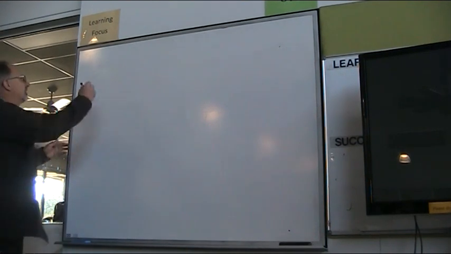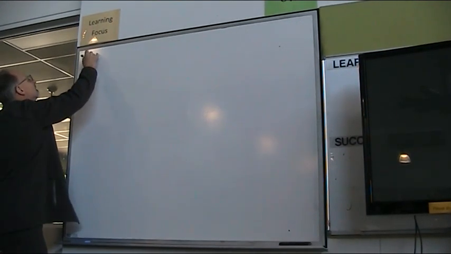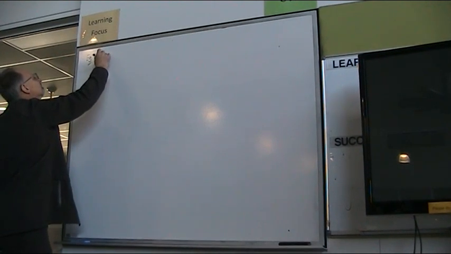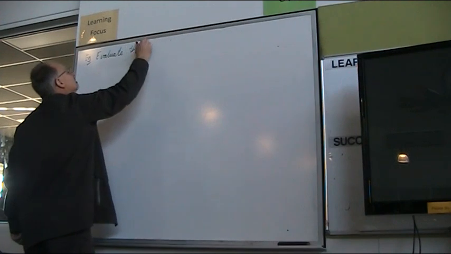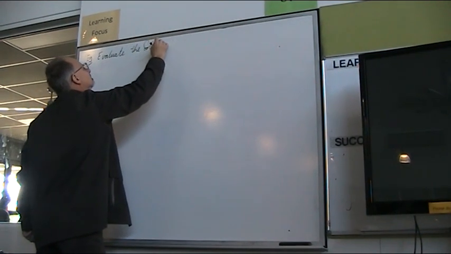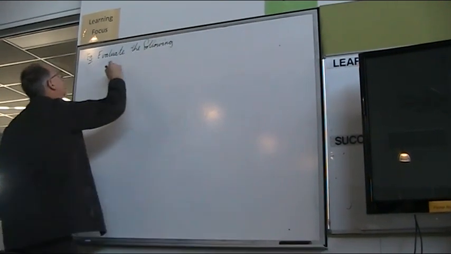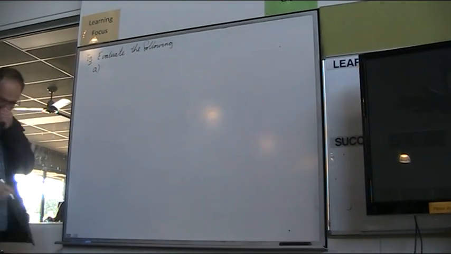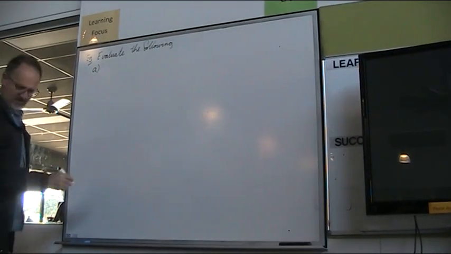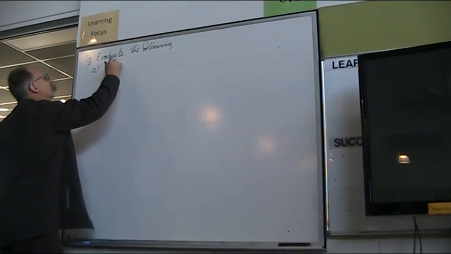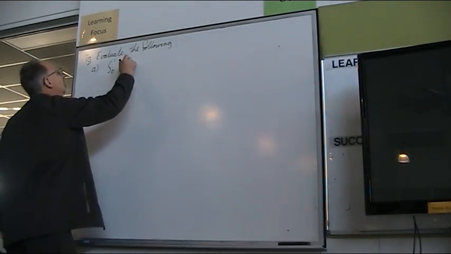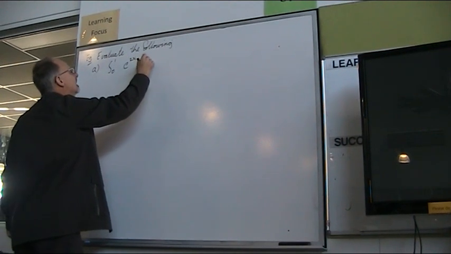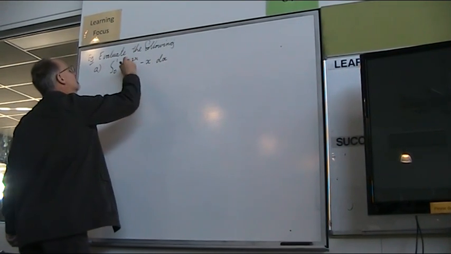Okay, so evaluate the following. Okay, so first one, the integral from 0 to 1 of e to the 2x minus x with respect to x.